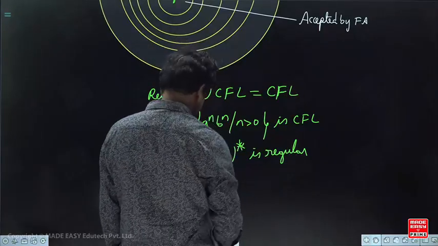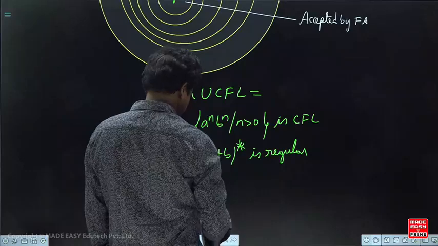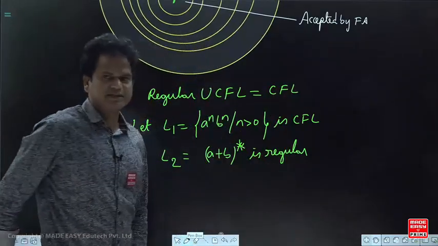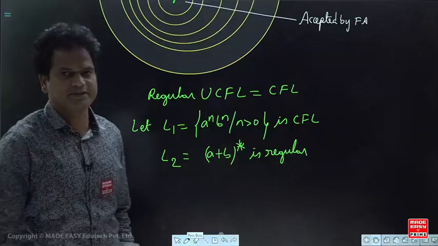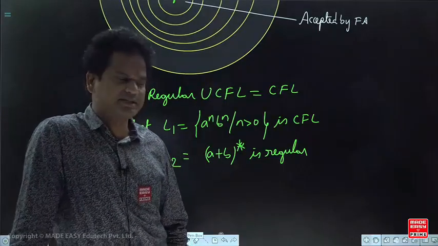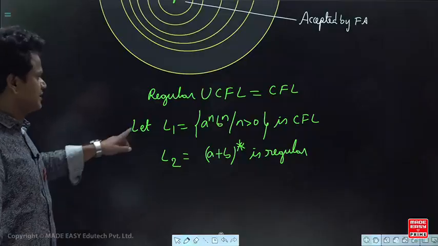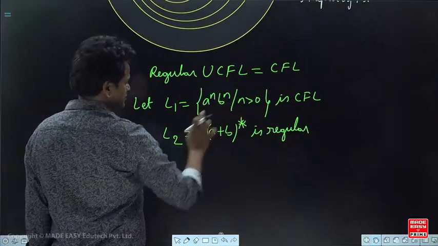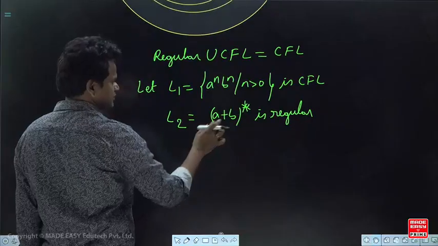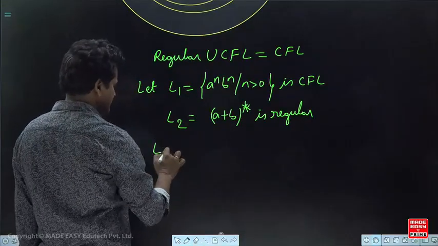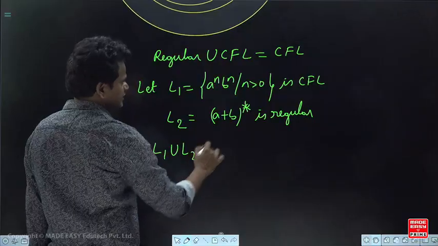So in general, whenever a statement is given, the union of a regular language with CFL is CFL, no doubt. Suppose L1 is CFL and L2 is regular, no doubt, because it is finite or we can accept it by PDA. Now what is L1 union L2?